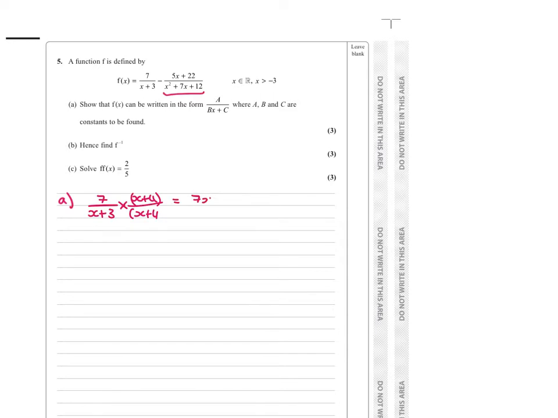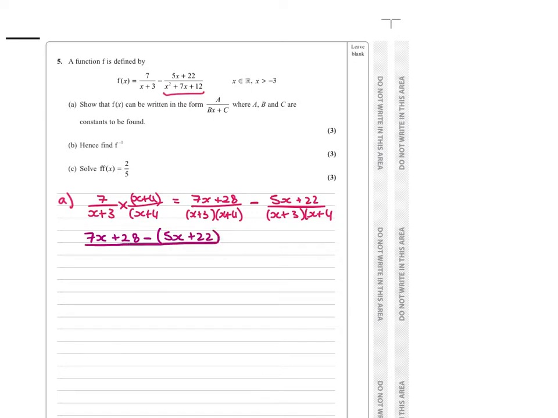So I'm going to get 7x plus 28 over x plus 3, x plus 4, minus 5x plus 22 over x plus 3, x plus 4. Now, on my numerator, I'm going to have 7x plus 28 minus 5x plus 22.